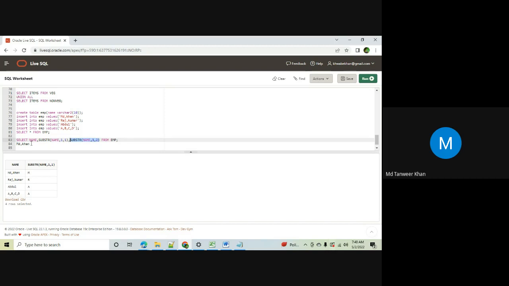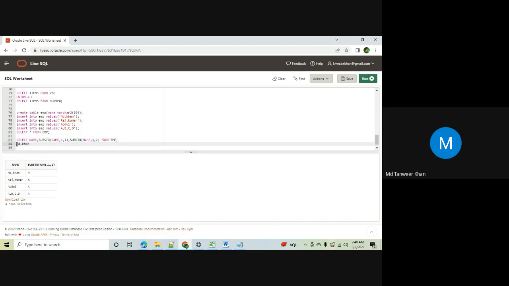So in this case, I am telling the SQL engine to stay at which position? First position. First position is M, right? And how many steps am I asking the SQL engine to take? Two steps.